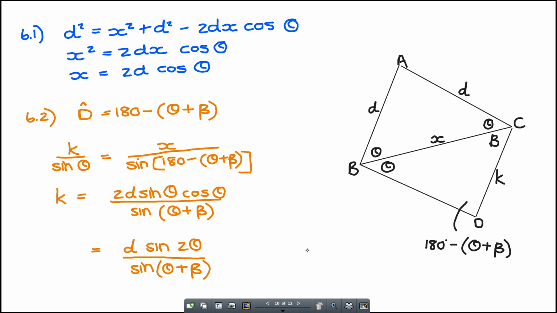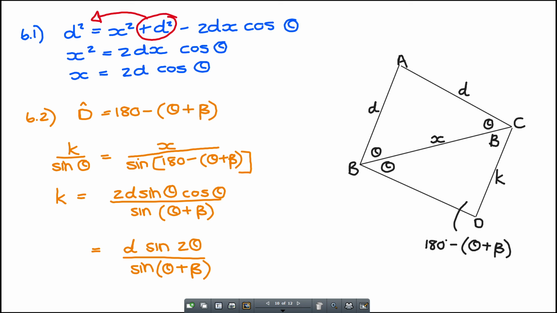Nee? So hier gaan ek sê, I've got to work with d and x and theta, because then I've got two sides and an inclusive angle. Okay, so d kwadraat is gelyk aan x kwadraat plus d kwadraat minus 2dx cos theta. Okay, then from there, if I take this d squared over, of eintlik andersom.